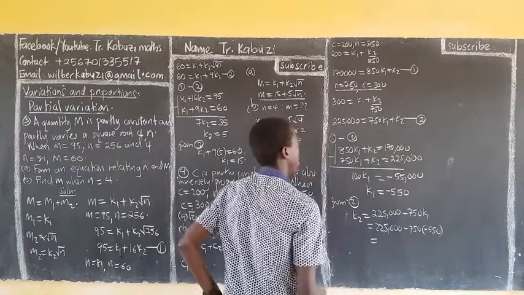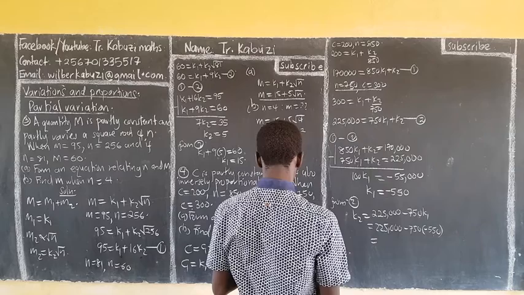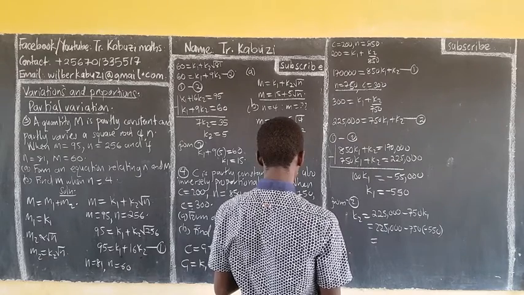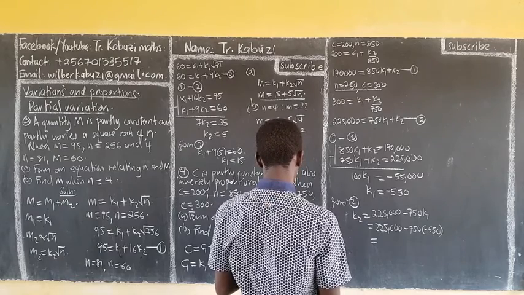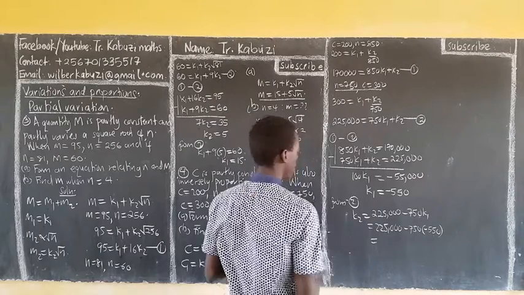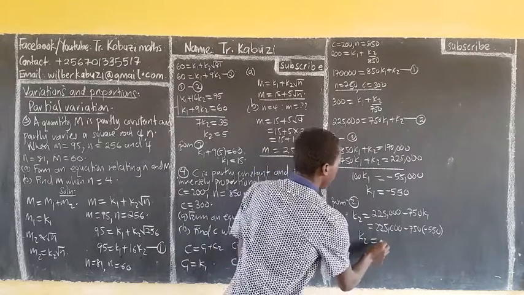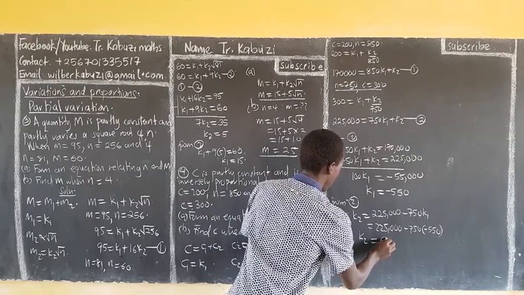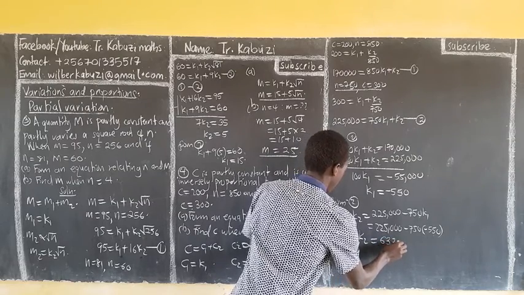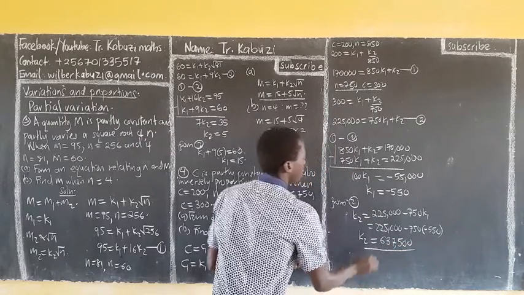So that one is going to give us... you see that my K2 from here is giving me 637,500 like this.